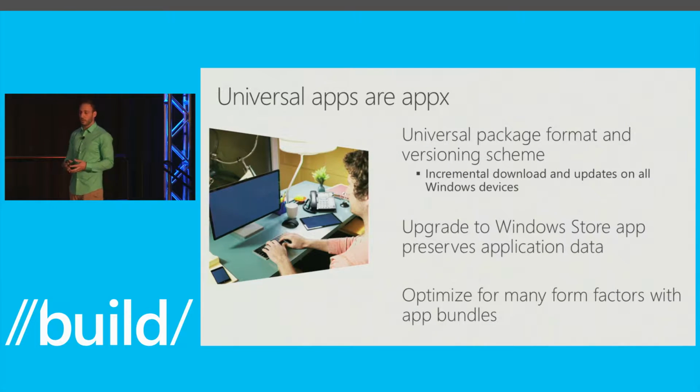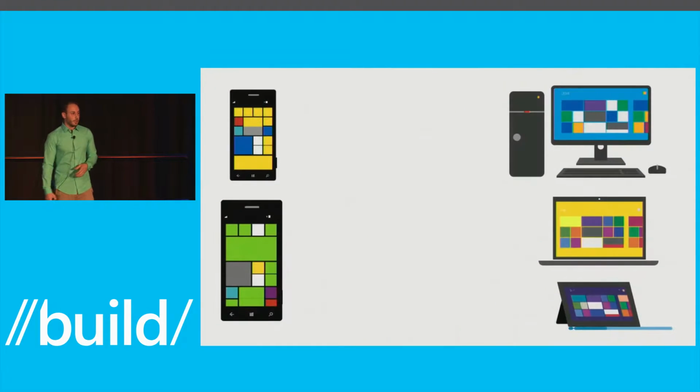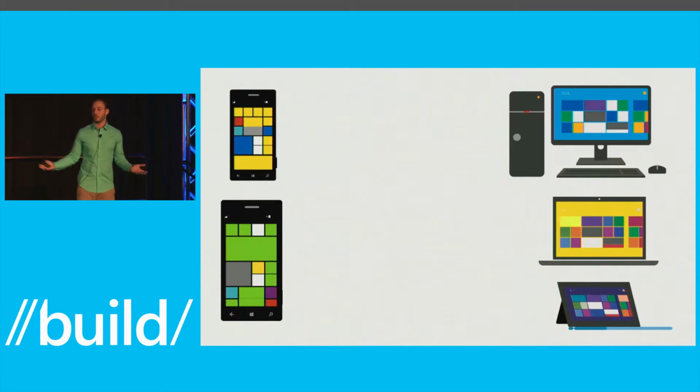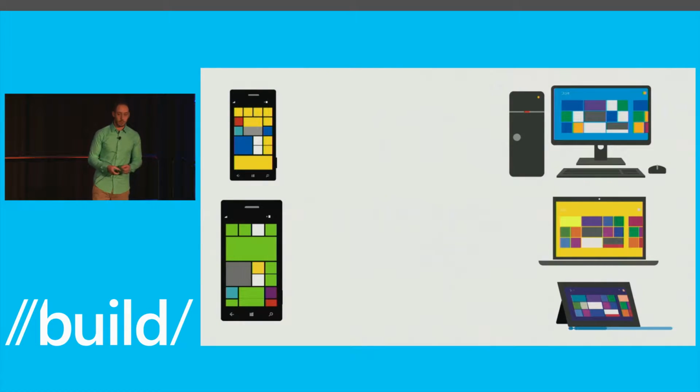And we're going to look at that a little bit more right now. The Windows ecosystem is full of tons of devices: small phones, big phones, large PCs, Surface RTs, higher DPI screens, and so on and so forth.